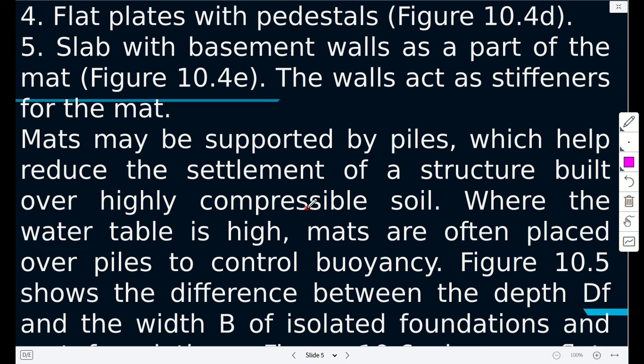Another one is mat foundation, except with a mat foundation you need a lot of space. So if the soil is weak, you can combine the two. You can use a mat foundation carried on piles, and you can think of reasons why that can be. One reason is you may not have enough space for the mat.